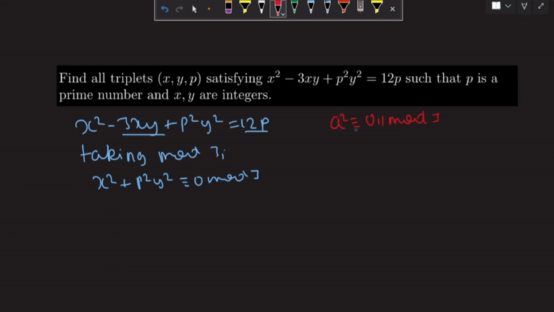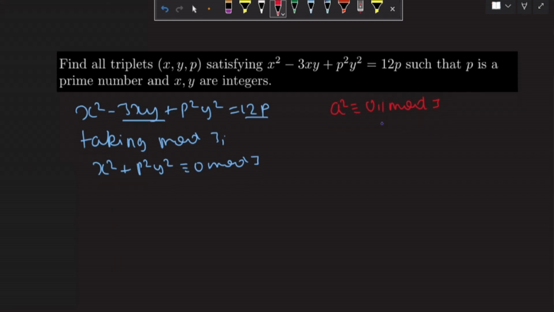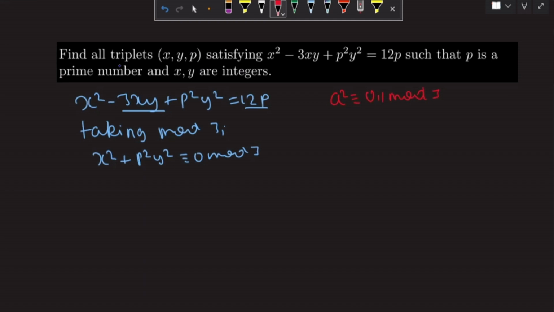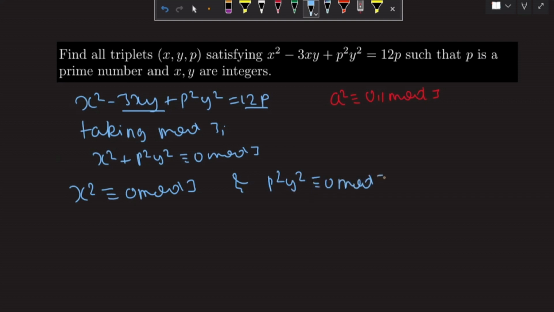So this is a very important statement, since with the help of this we can conclude that in this particular equation, x square plus p square y square is 0 mod 3, we can get x square is equal to 0 mod 3 and p square y square is equal to 0 mod 3, because this is the only possibility.